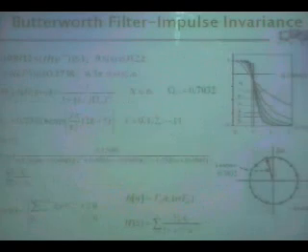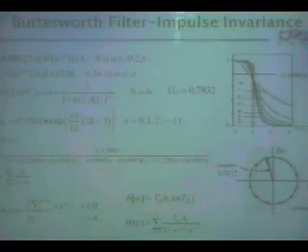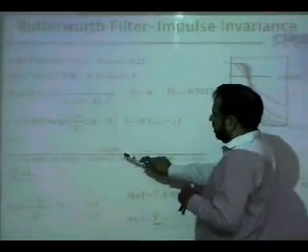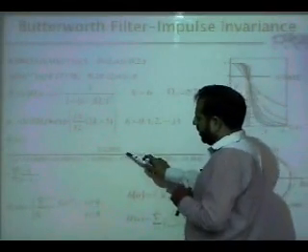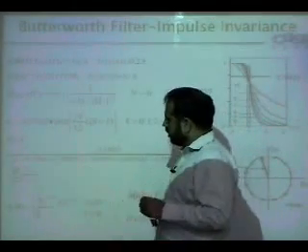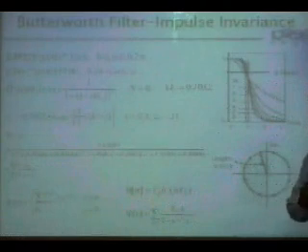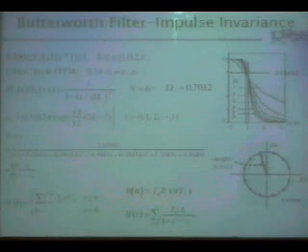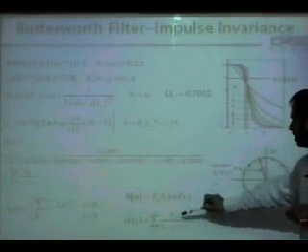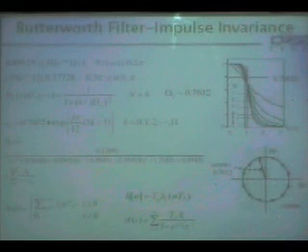And then the conversion is pretty simple. All you have to do is take this H_c(s) which you get, make a partial fraction expansion, take the inverse Laplace transform, digitize it, and then take the Z transform.